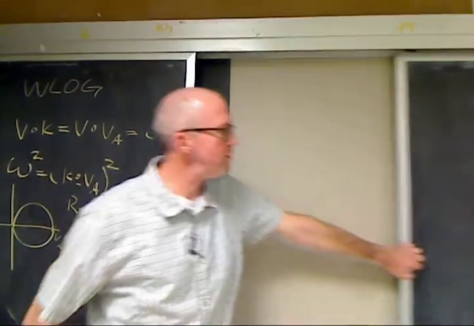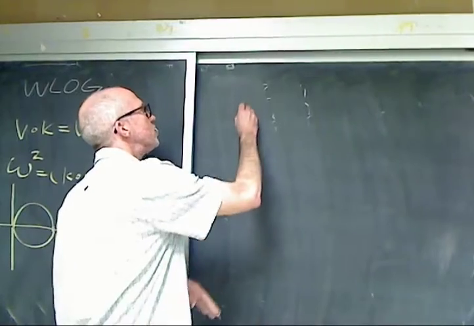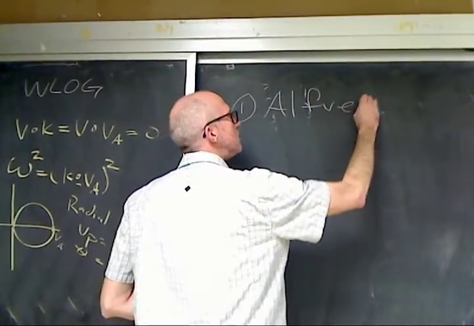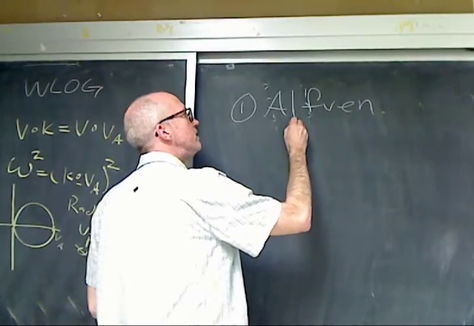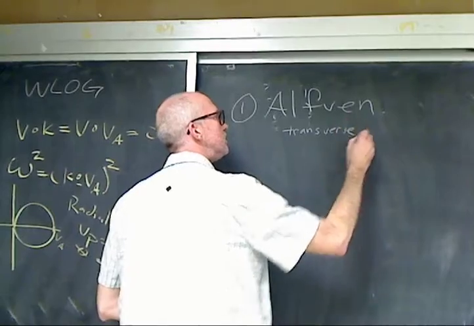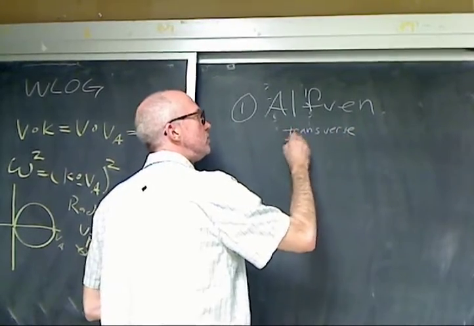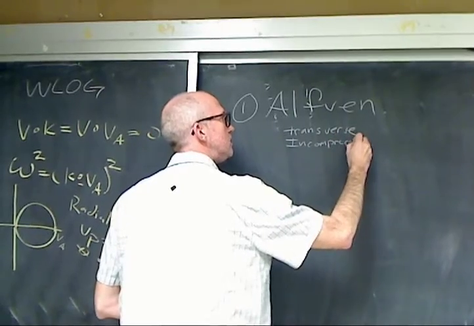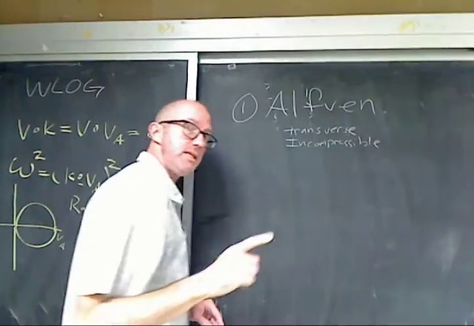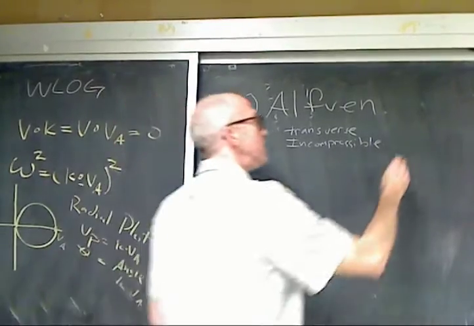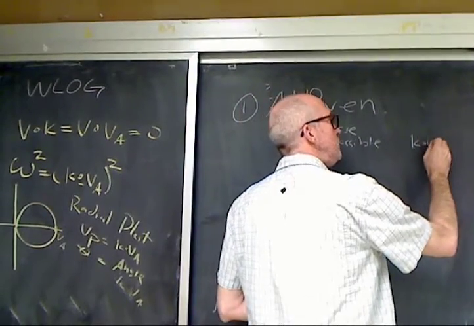So the Alfvén wave is the transverse wave. It's incompressible. It's incompressible because we decided that K dot V equals 0.